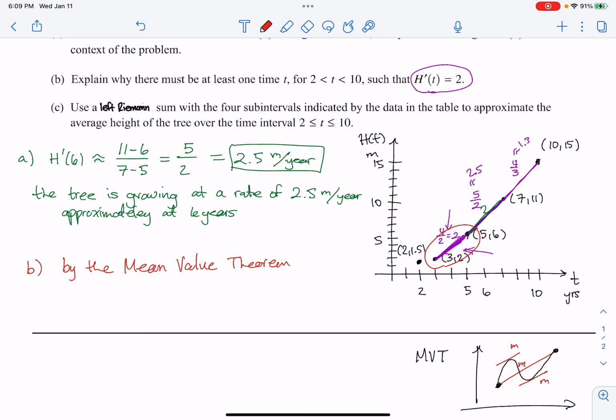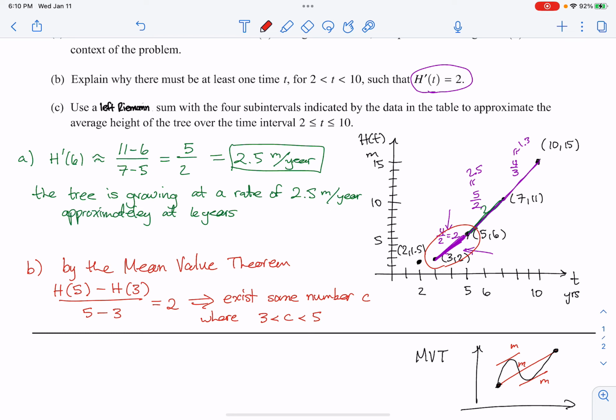By the mean value theorem, right, we have that, I guess one way to say this would be that h of 5 minus h of 3 over 5 minus 3 equals 2, which means that there exists some number, we'll call it C, where C is between 3 and 5, so that h prime of C equals 2. So that's how you'd have to explain it.